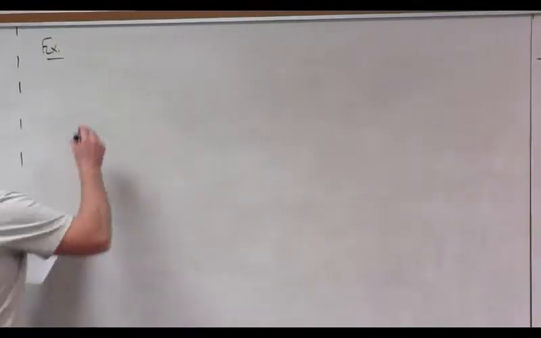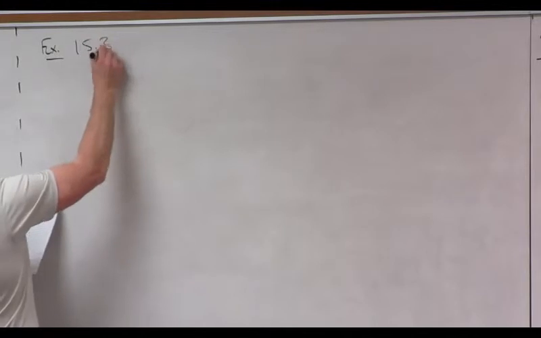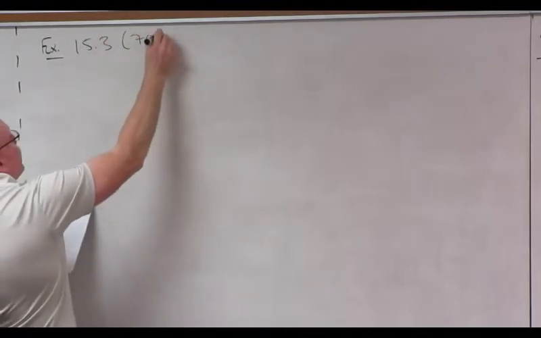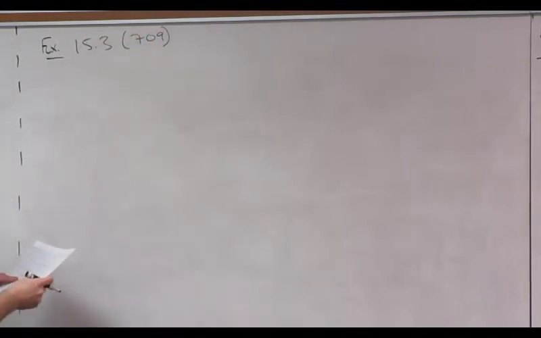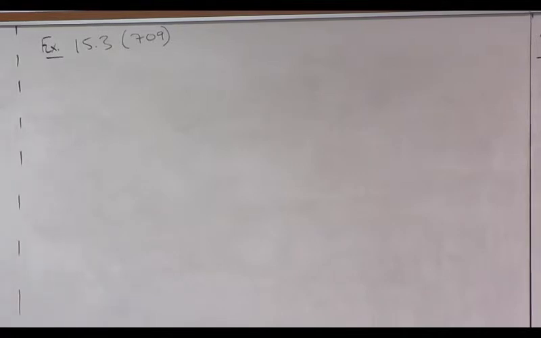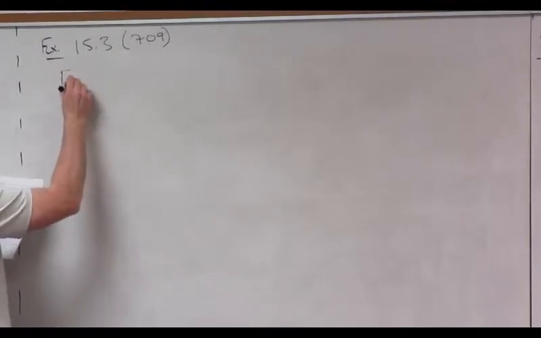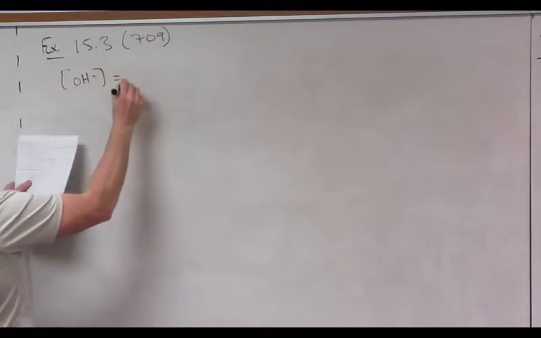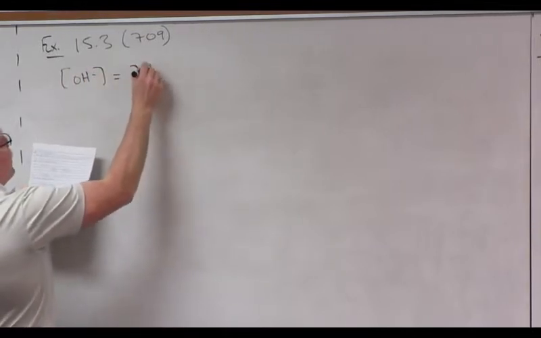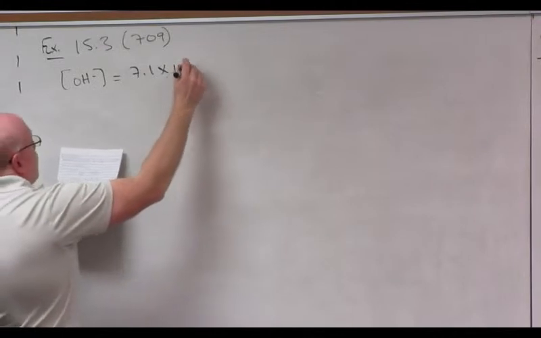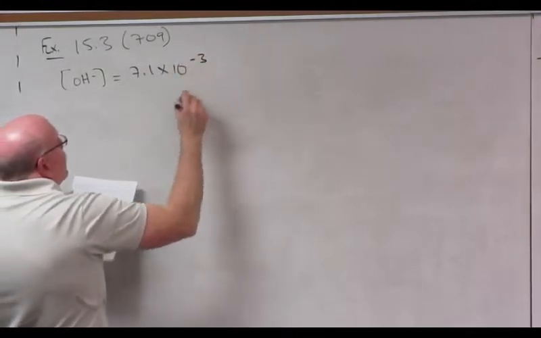Let's look at 15.3 on page 709. It says the hydroxide ion concentration is 7.1 times 10 to the minus third.